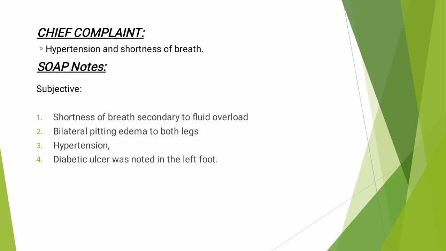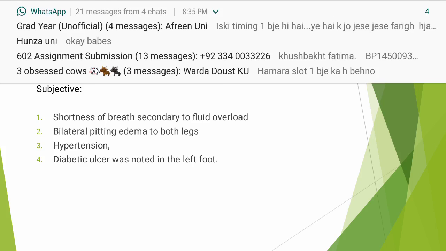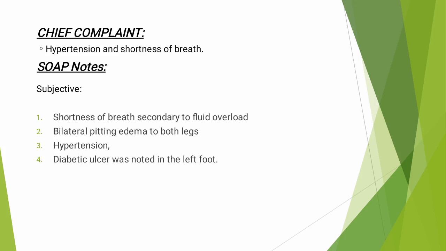Her SOAP notes included subjective findings, which include shortness of breath secondary to fluid overload, bilateral pitting edema in both legs, hypertension, and a diabetic ulcer noted in the left foot.